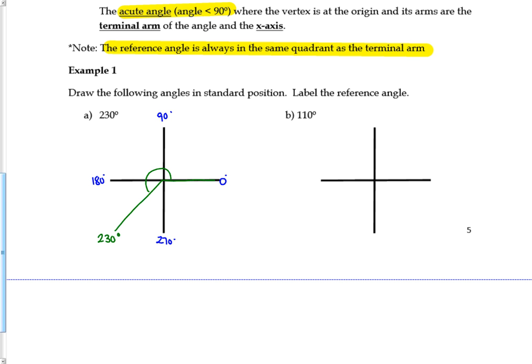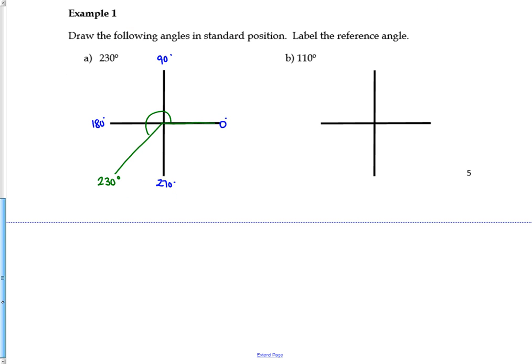Now it says, label the reference angle. So how could I get the reference angle here? 230 minus 180. Whenever you're in quadrant 3, to get your reference angle, it's always, always, always your reference will equal your rotation angle minus 180.